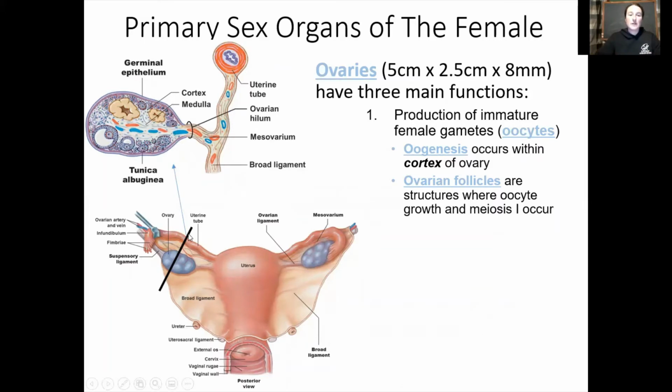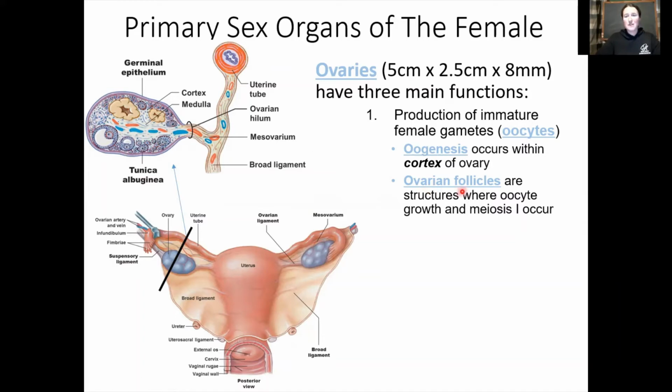And so if we take a look at this section through the ovary here, what we can see is the outer portion, which is filled with all these funny little circle things, as well as this cotton ball cloud looking thing over here. These are developing oocytes within something called follicles, and we'll get into that very soon.